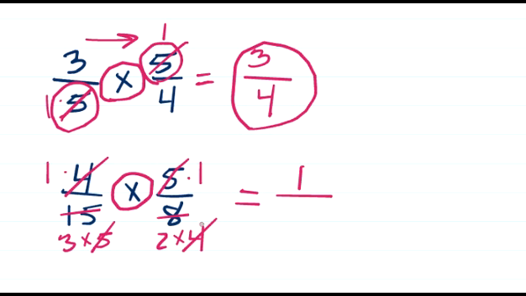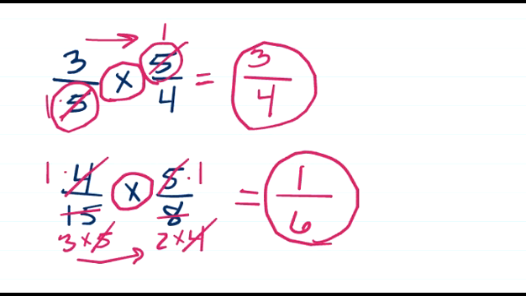The 5's gone, the 4's gone, so we have 3 times 2, which makes 6. And our answer is 1 over 6. That was pretty easy. Look at how complicated those numbers looked at first when we started. But if we know how to factor stuff, then it makes it a lot simpler, and we can do shortcuts with multiplication.